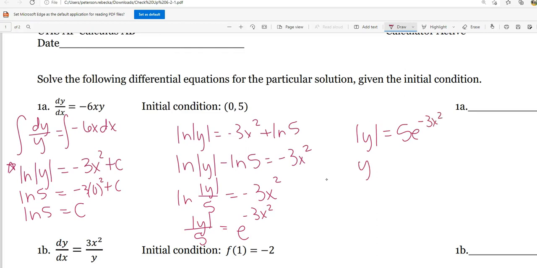And then I can drop my absolute values on the left if I add a plus or minus on the right. And then testing that initial condition, I want 5 equals plus or minus 5e to the 0. So I want the positive branch. So final answer, y equals 5e to the negative 3x squared.